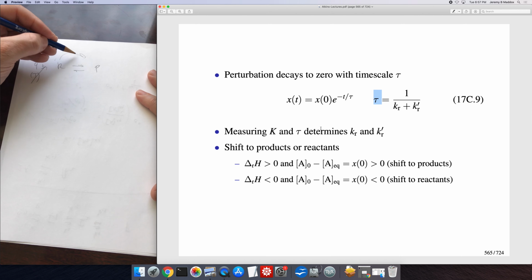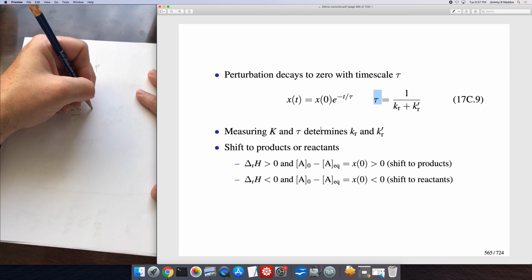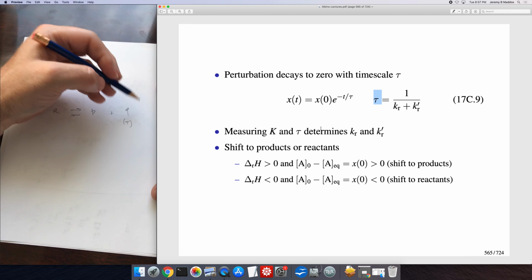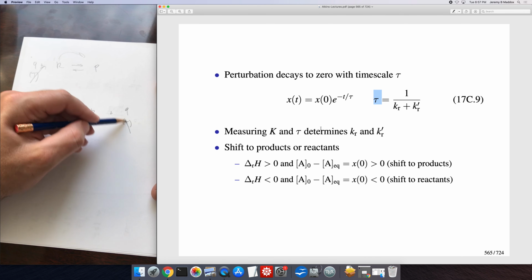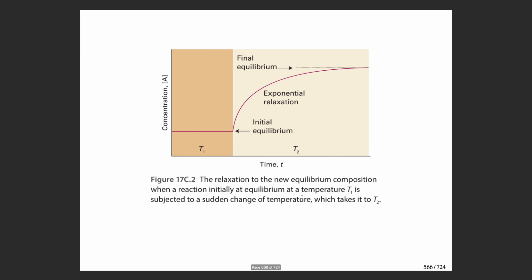So you monitor now the kinetics of that process. Conversely, if you had an exothermic reaction, so your heat term is, you can think of it conceptually, on the product side, if you increase the temperature, that's going to push you back to the reactant side. So it just depends upon the thermodynamics of the reaction which way it's going to shift. Either way, it is going to shift.